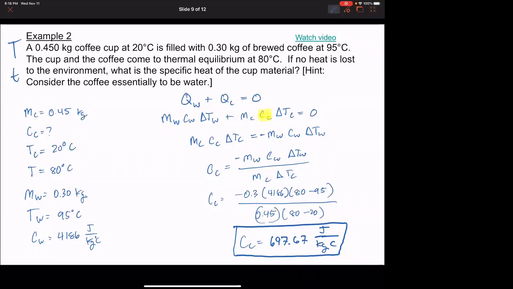So I got here a little bit late, but what exactly do the subscripts mean? The first set have subscript W and the other half have subscript C. W stood for water because the coffee is essentially water. And C stood for the material of the cup.